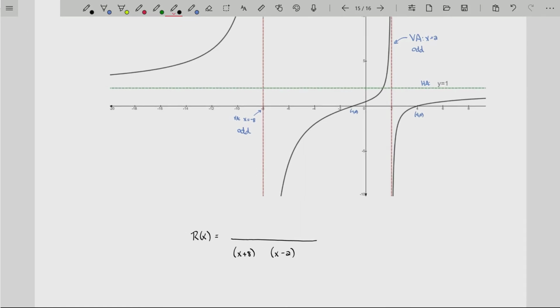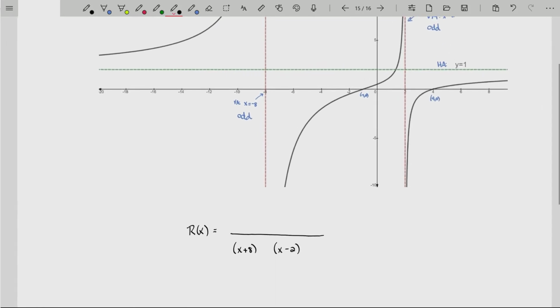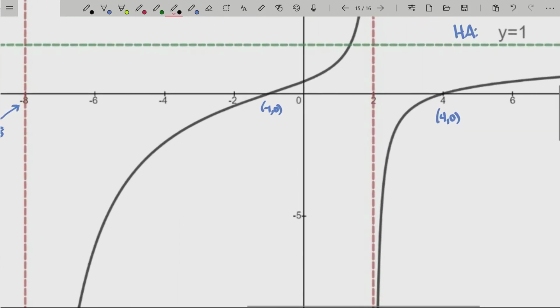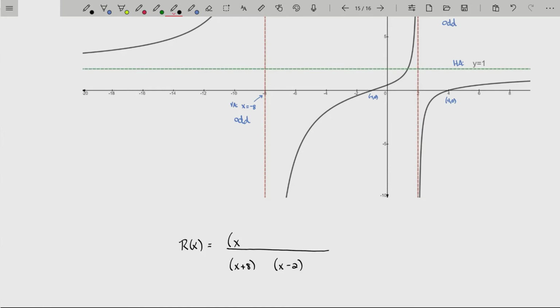Moreover, they're both odd multiplicities, so they might both be power 1, but they might not. We're about to find out. Your X-intercepts occur at -1 and 4, so factors in your numerator have to be x plus 1 and x minus 4. So far, everything I've written down satisfies this graph.